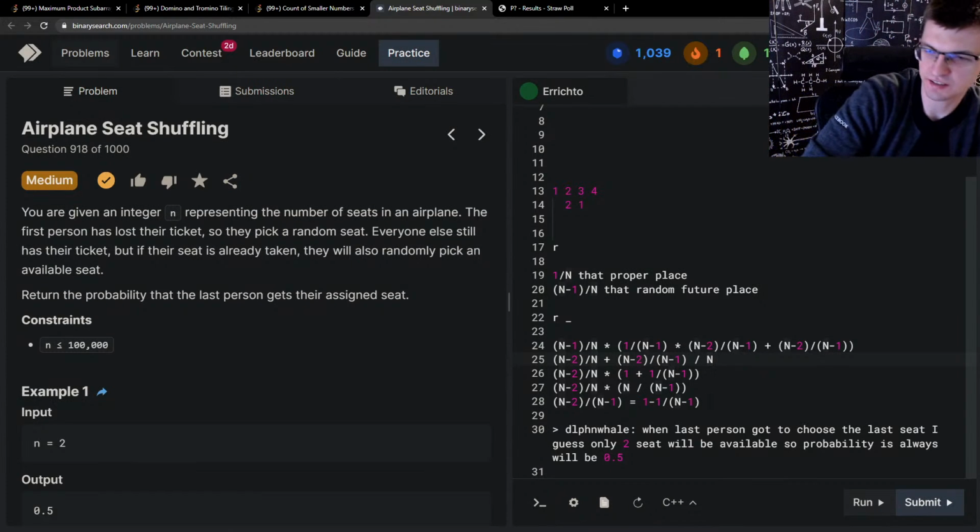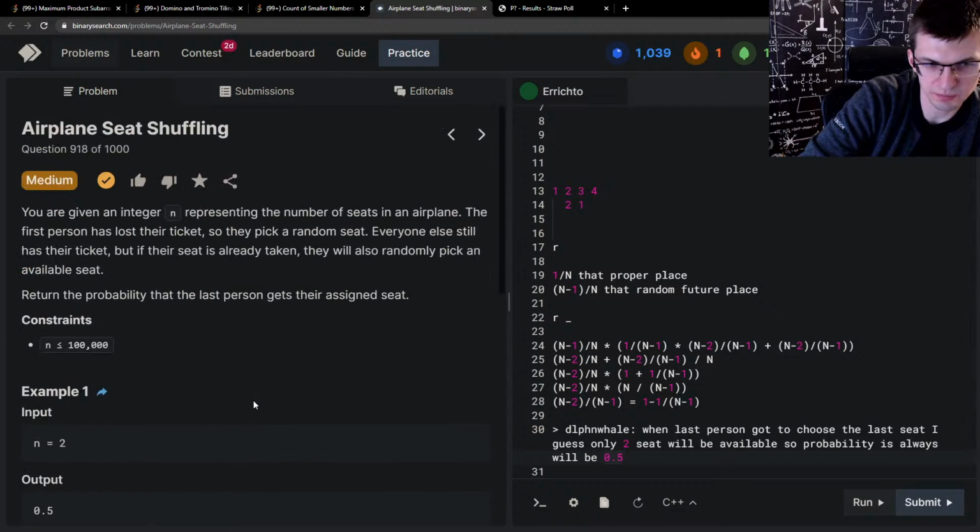When person n sits down, there is 1 seat available. When person n minus 1 sits down, there are 2 places available, but this person prefers place n minus 1. So when n minus 1 and n minus 2 are available, he takes this one. We cannot say that because of that it's 50%.